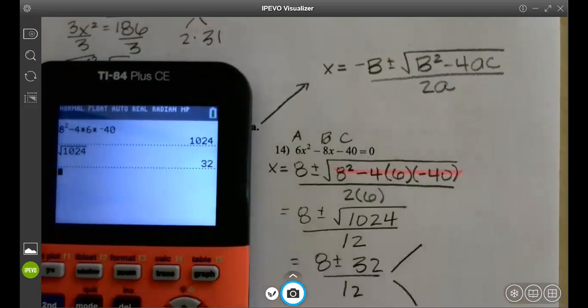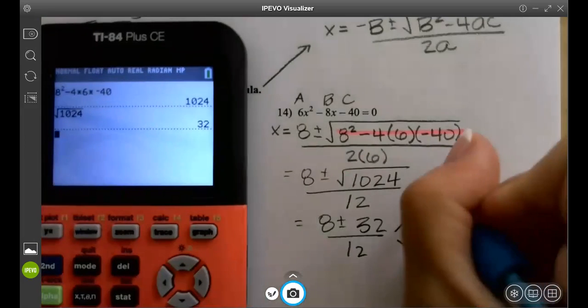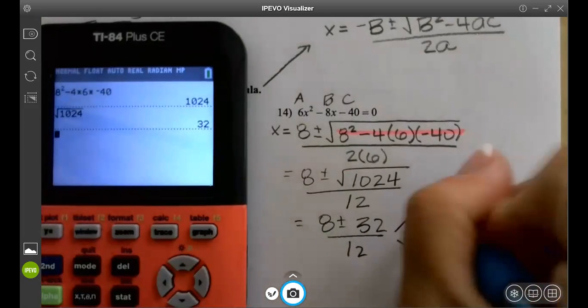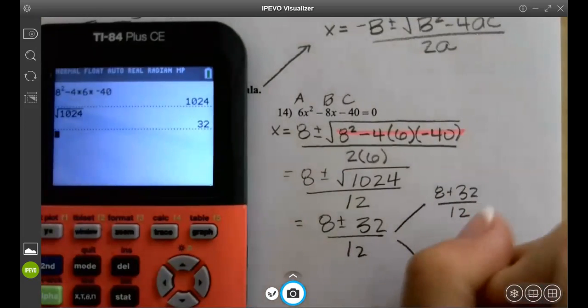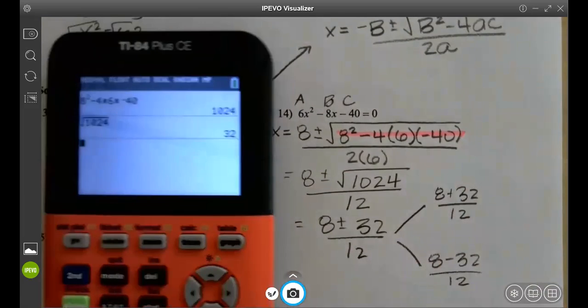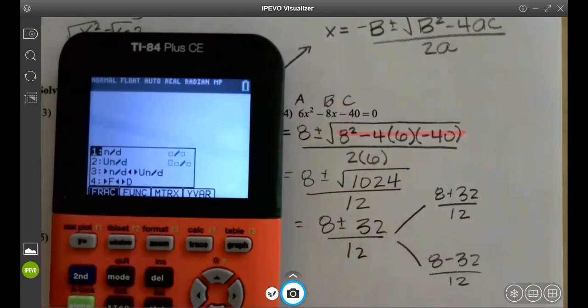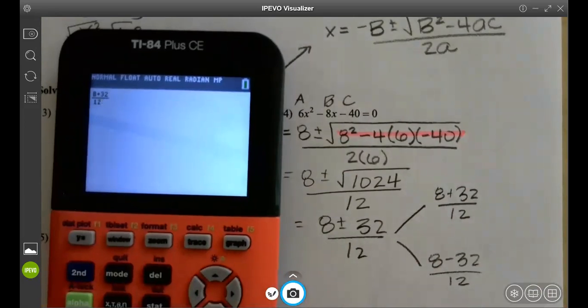And then remember, I split it up into 8 plus 32 over 12 and 8 minus 32 over 12. I told y'all the easiest way to do this is alpha y equals and plug it in. On the top is 8 plus 32 and on the bottom is 12.